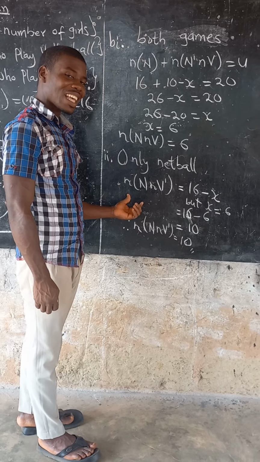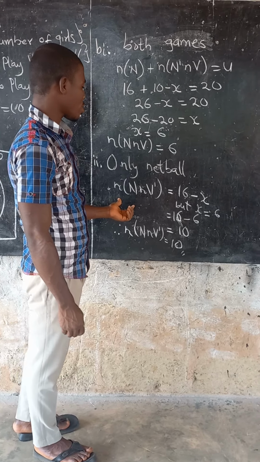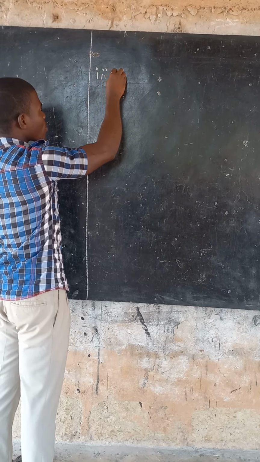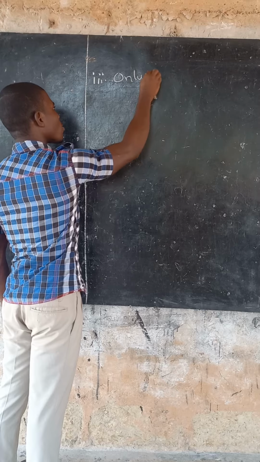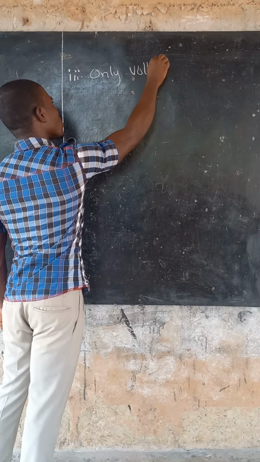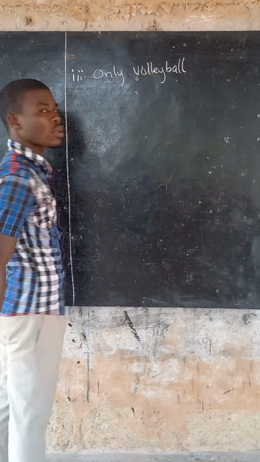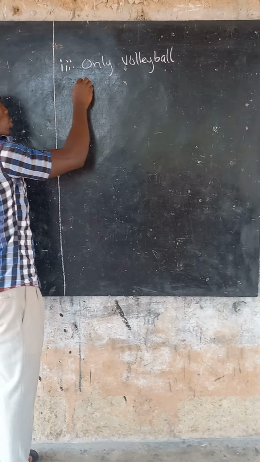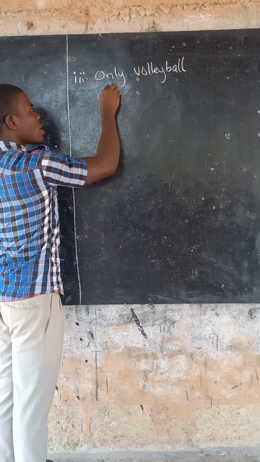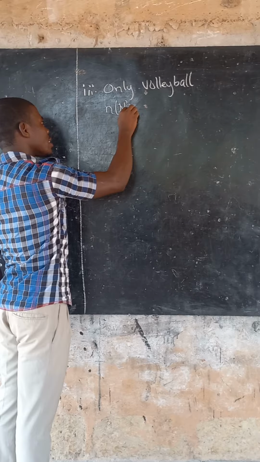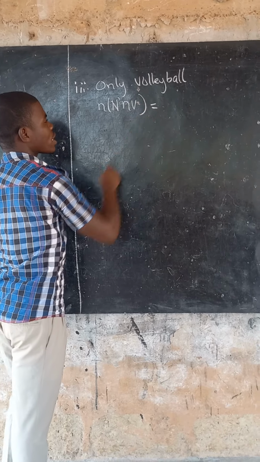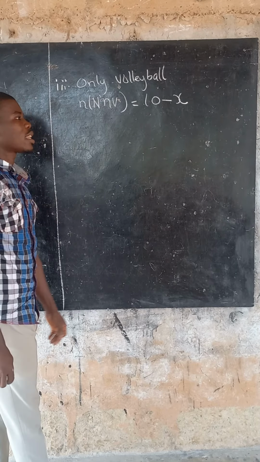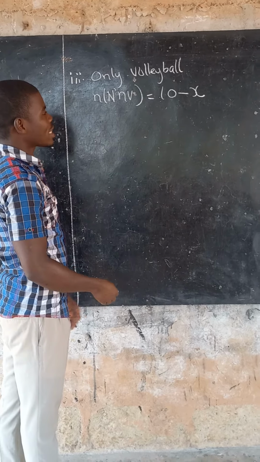Let's look at the last aspect, that is only volleyball. That one too is the number of N complement intersection V, which is 10 minus x, because V only is 10 minus x.